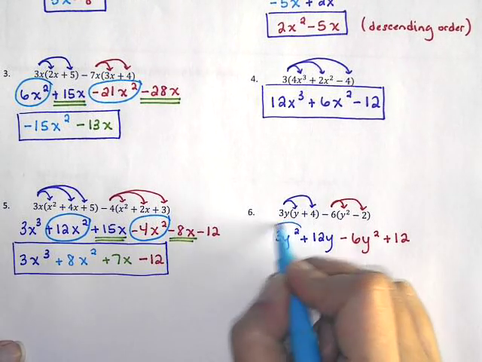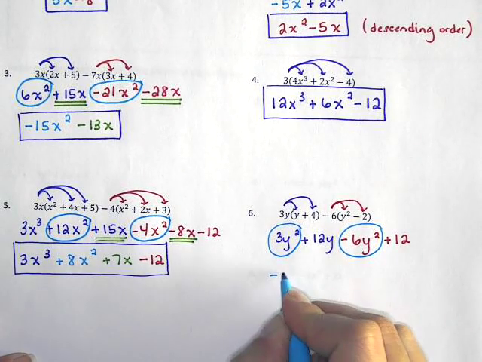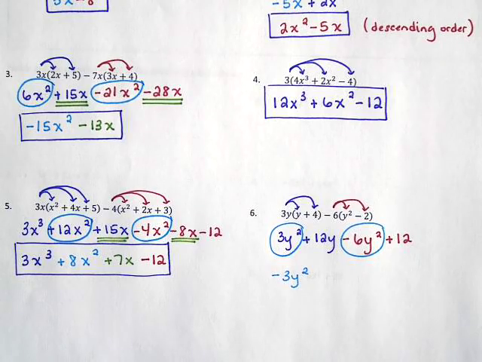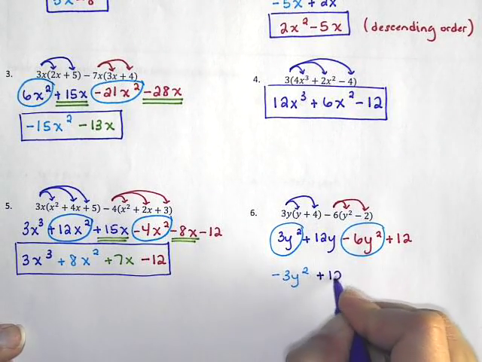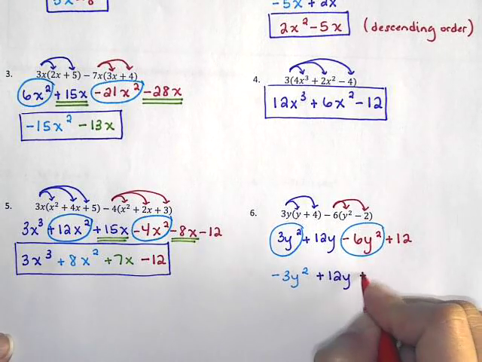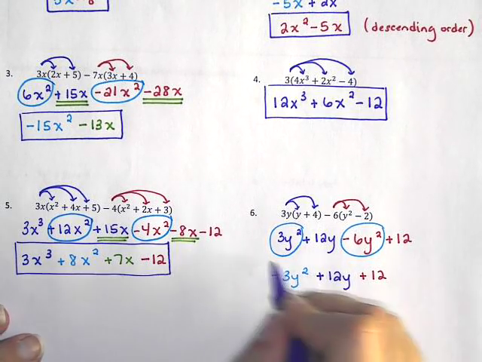Now in this case, the 3y squared and the negative 6y squared combine to make negative 3y squared. However, there are no other like terms in this problem, so I would just drop down the 12y and drop down the 12, and I'm done. That would be my final answer.